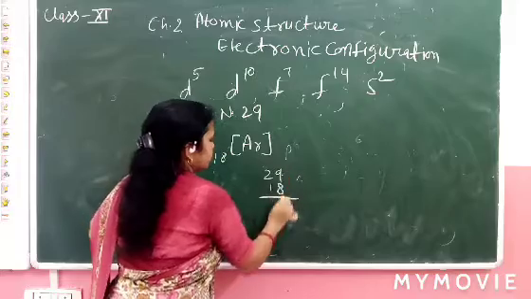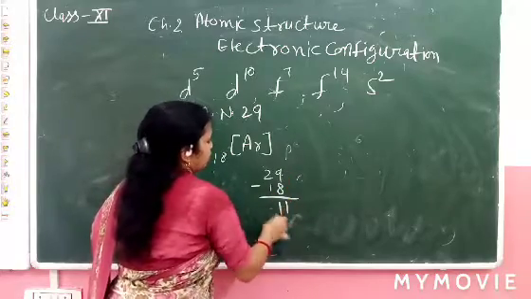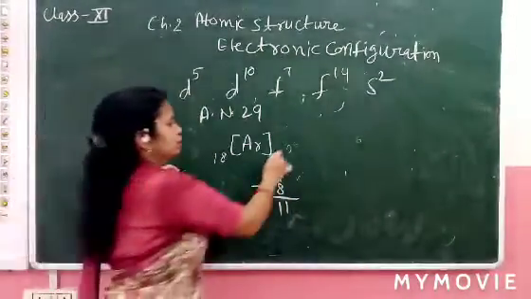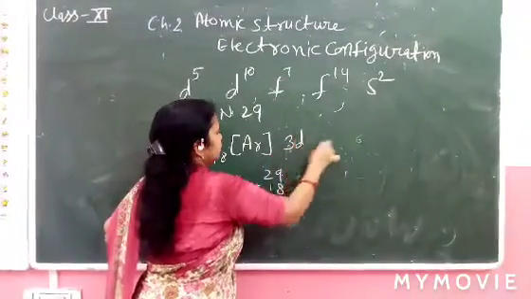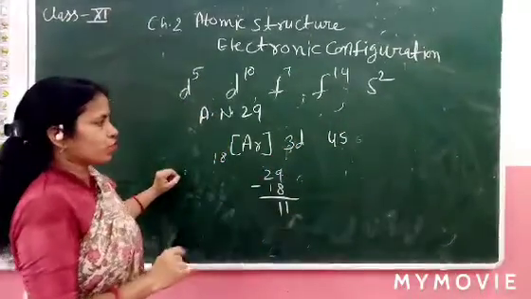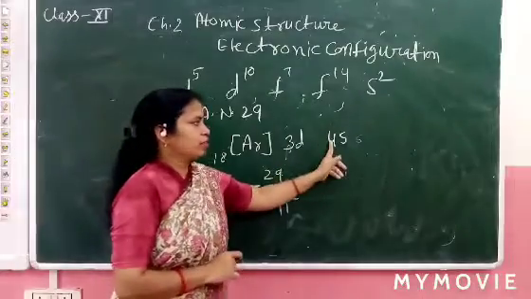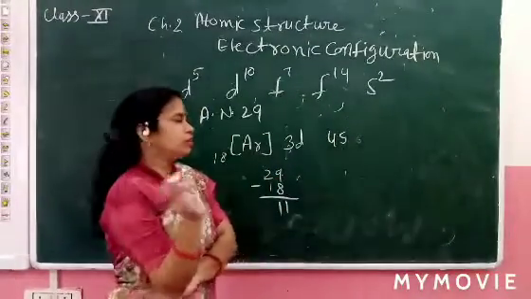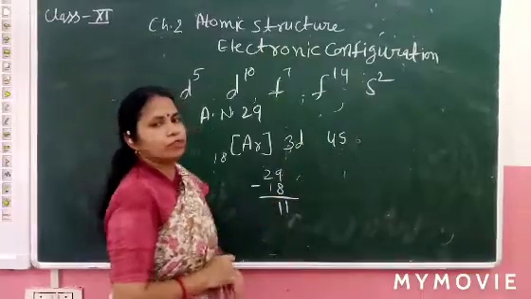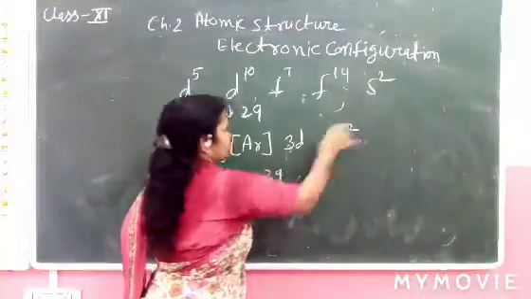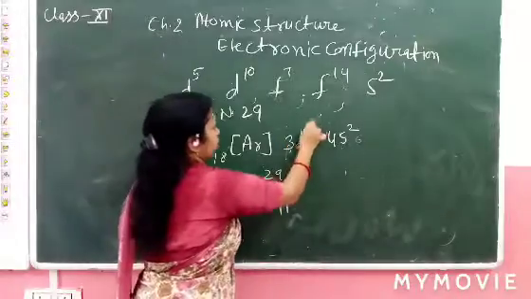So how many electrons are left here? 11 electrons we have to fill. So how to fill? 3d, then 4s. Which orbital is filled first? 4s, because 4 plus 0 has a low value and 3 plus 2 has 5, which is a higher value. So the electron goes to 4s2. 9 electrons are left.